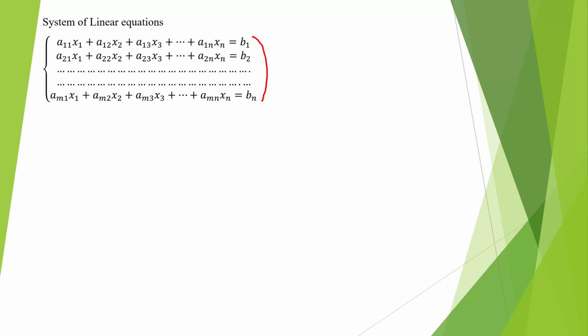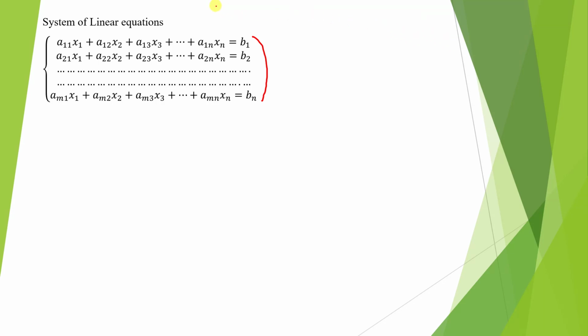It means that when they put more than one linear equation together, they call it a system of linear equations. A system can be formed from two linear equations, three, or four joined together. We call this a system of linear equations.